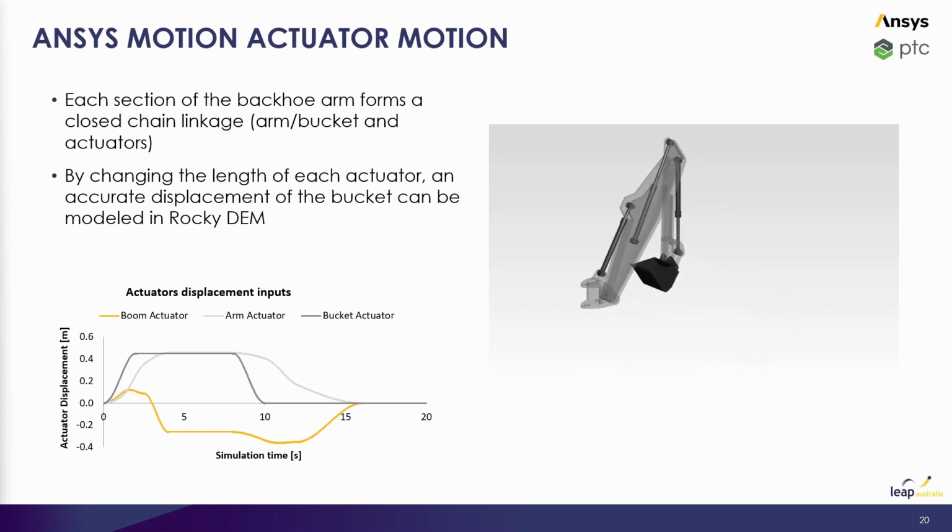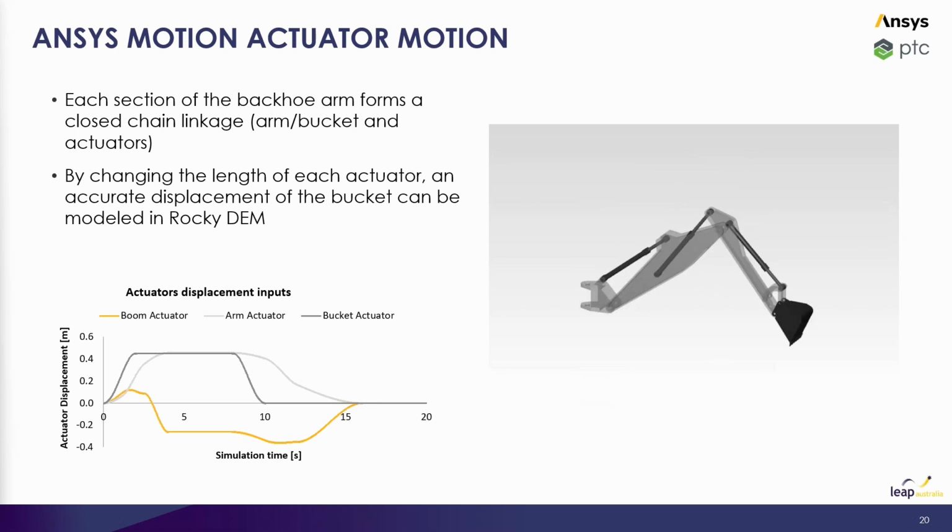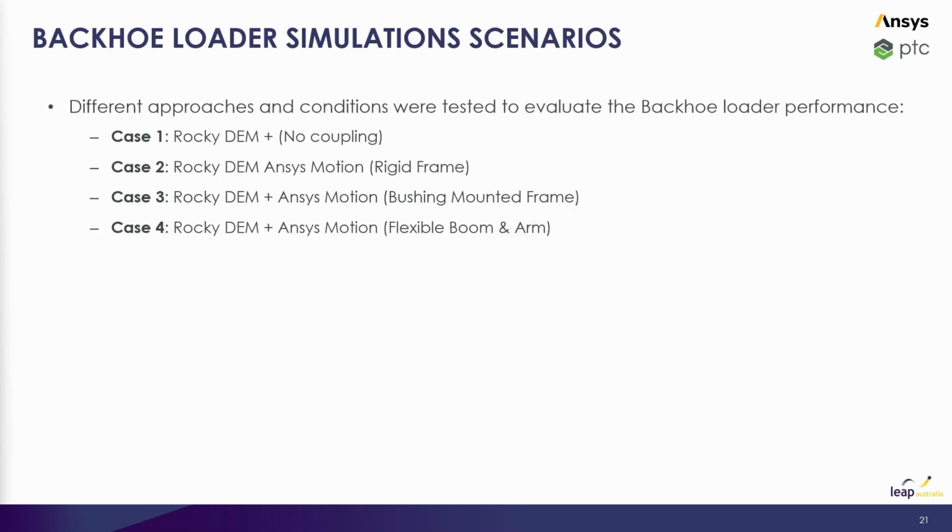We'll soon see this directly, and the effects of this on the bulk, by comparing against 4 different cases. We'll compare against a Rocky standalone case, and two types of Ansys Motion cases where we have rigid bodies, but one where the actual base is mounted with a bushing joint. And the 4th case is a special one where the boom and the arm are treated as flexible bodies.